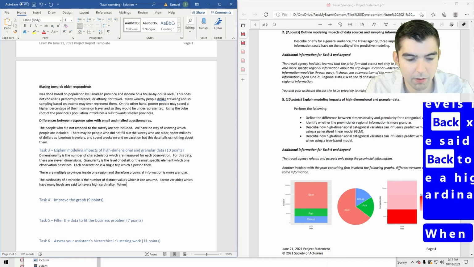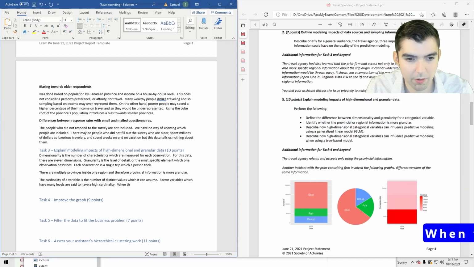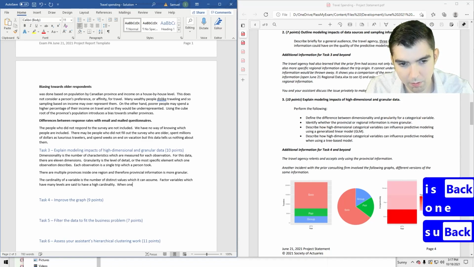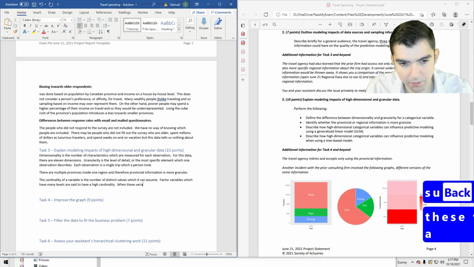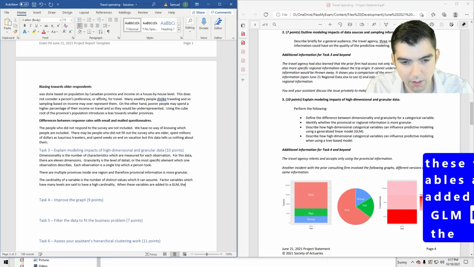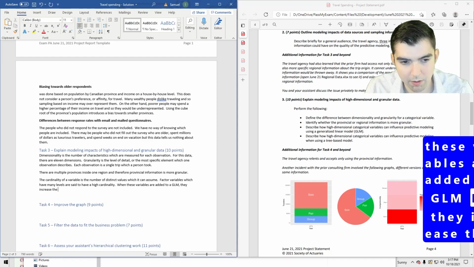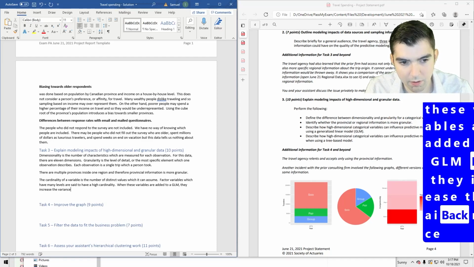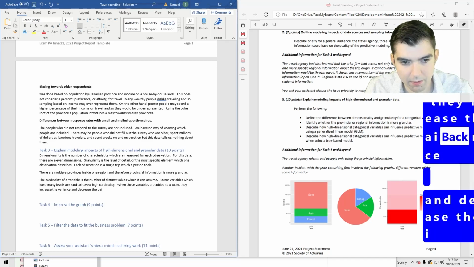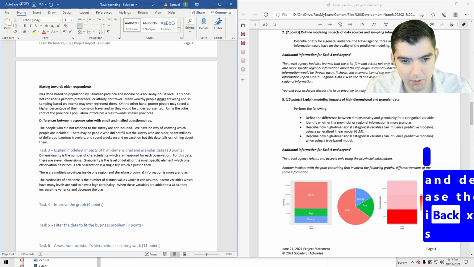When these variables are added to a GLM, they increase the variance and decrease the bias, potentially.